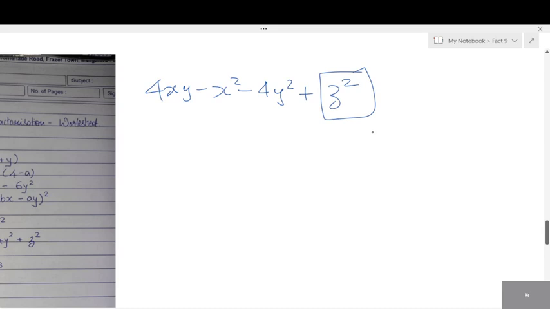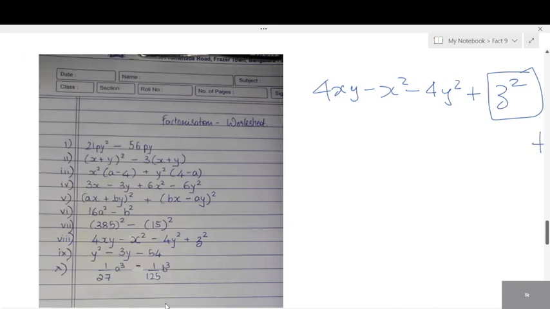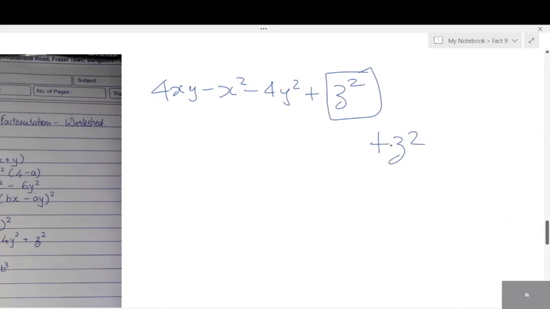So what you do, keep the z square as it is. Plus, is it plus or minus? Okay, keep plus z square as it is. Now, tell me the answer for x minus y the whole square. What is a minus b the whole square?